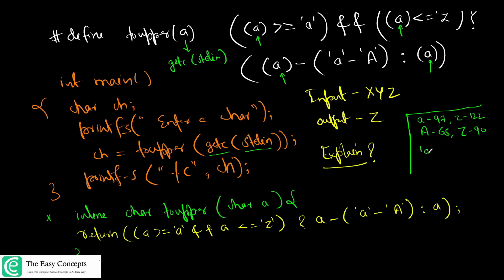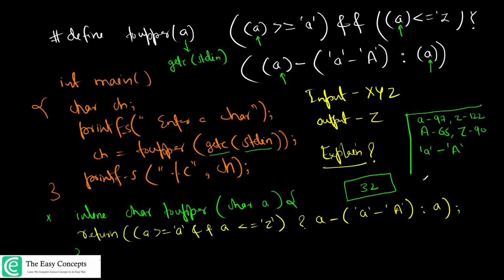So when we are subtracting capital A from small a, we are actually subtracting 32 out of this. Try this. If you subtract 32 out of it, you will get capital A. Similarly, subtract 32 from this and you will get capital Z. So to get a capital letter out of a small letter, you need to subtract 32.